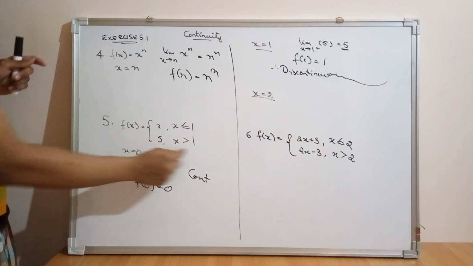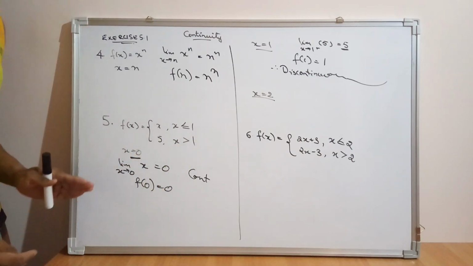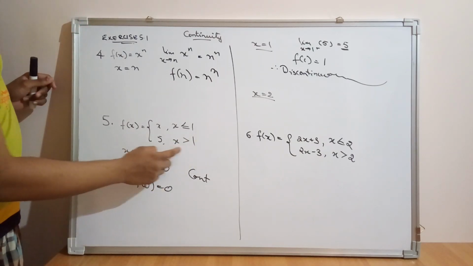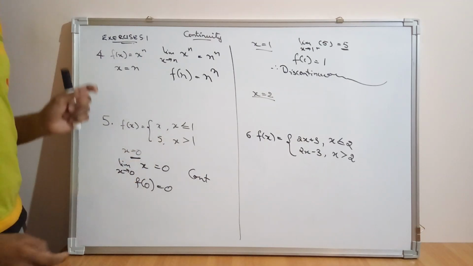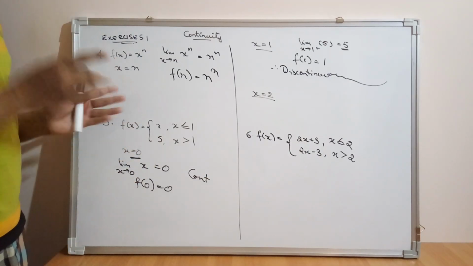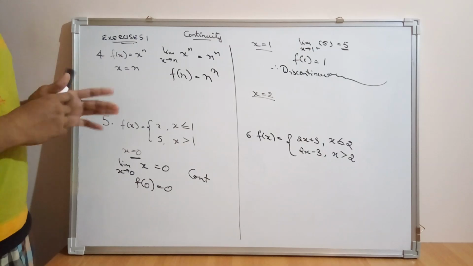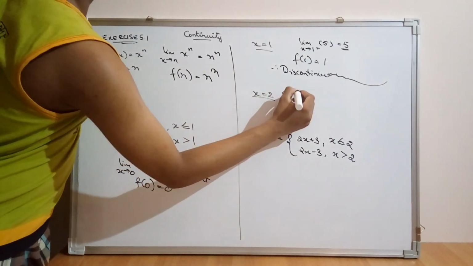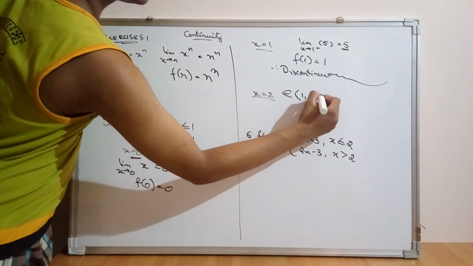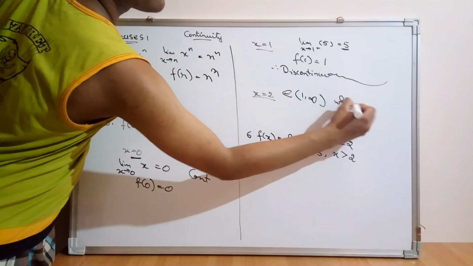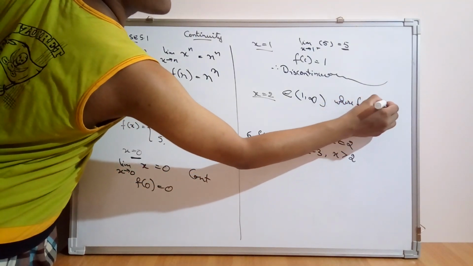So this is a constant function. A constant function is always continuous, which we know already. Since this corresponds to the domain, the interval 1 to infinity, it belongs to the interval 1 to infinity, where f of x is equal to 5.